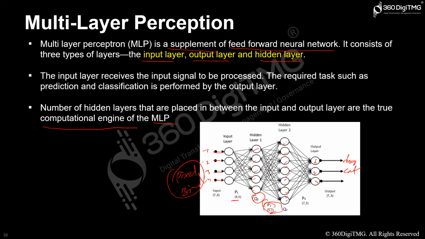If the model is able to identify the image as a bird, then the model is working well. So the hidden layers in between the input and output layer are the two very important computational engines of the MLP, where they identify, learn, and give out the results.